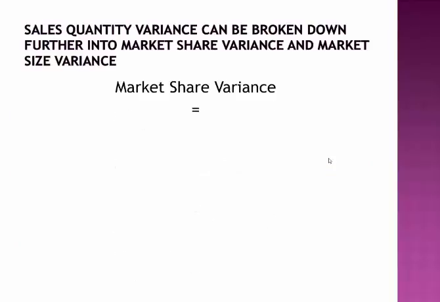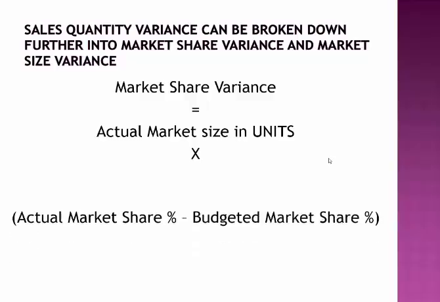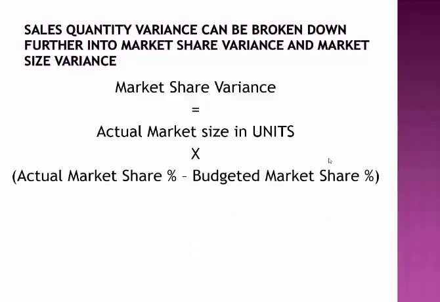Alright, so here's the market share variance formula. We're going to take our actual market size in units. Again, that's the actual market size. And we're going to multiply that times a number that is based on calculating what is our actual market share versus what did we budget for our market share.